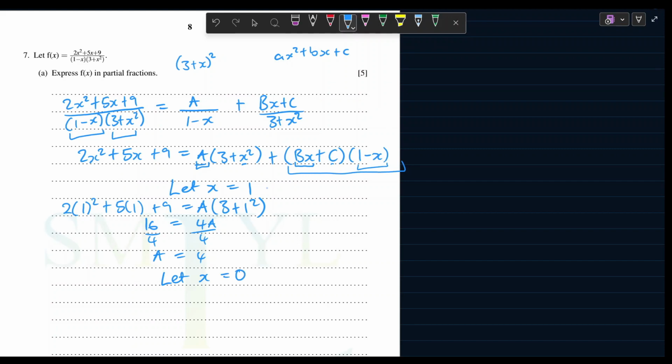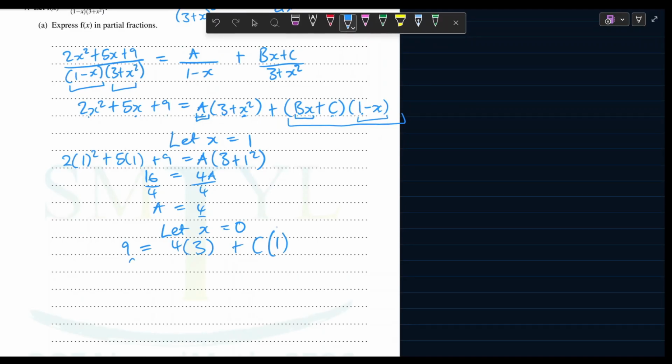So that becomes on the left 2 times 0 plus 5 times 0 plus 9 is equal to a, which we evaluated to be 4, times 3 plus 0 squared plus b times 0, so just 0 here, plus c. Okay, so c times 1 minus 0, so c times 1. So what we have is 9 is equal to 12 plus c. So c is equal to 9 minus 12, which is minus 3.